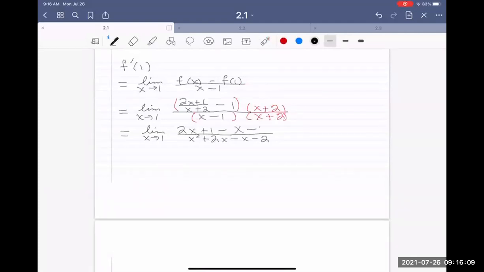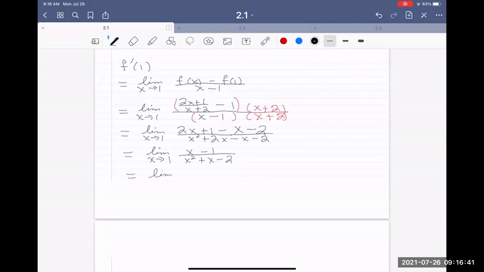So this is minus x minus 2. And let's simplify that. So this is the limit as x approaches 1. 2x minus x is x. 1 minus 2 is negative 1, over x squared. 2x minus x is x minus 2.